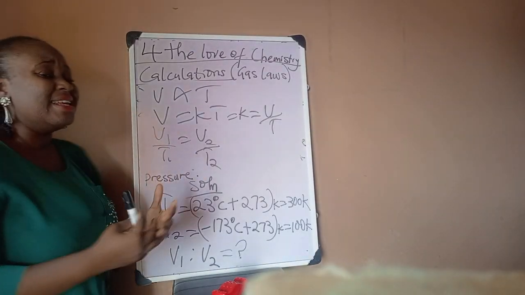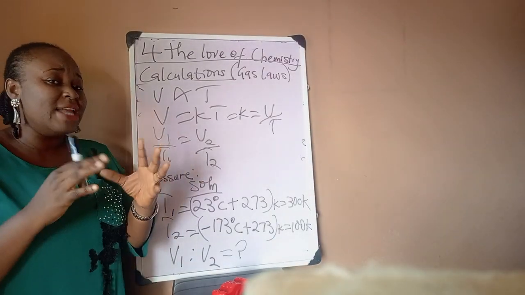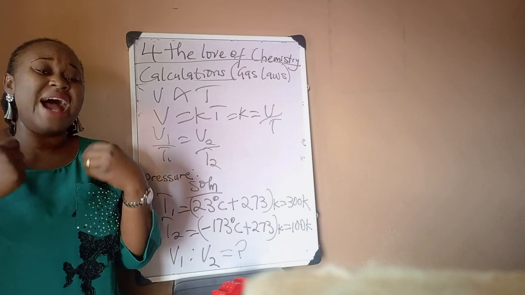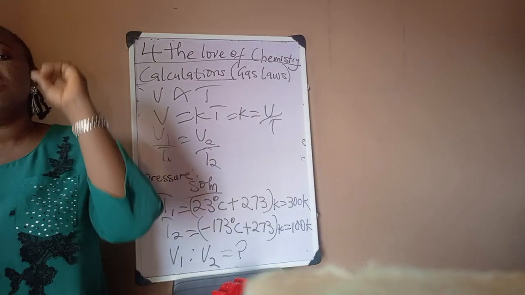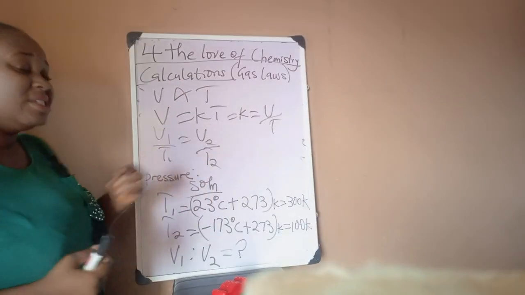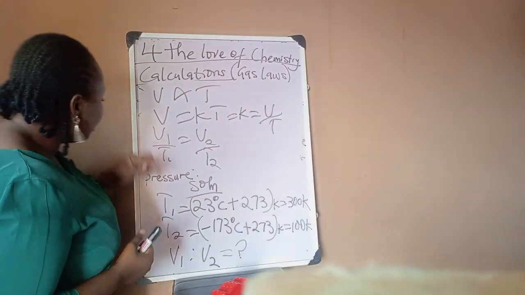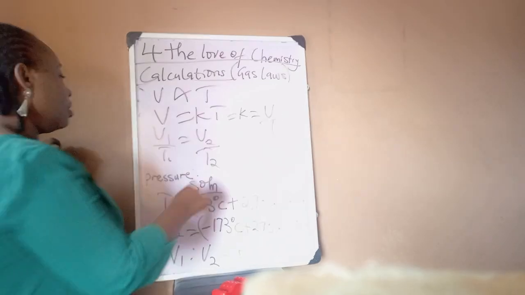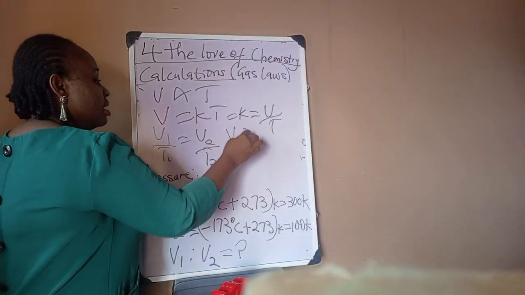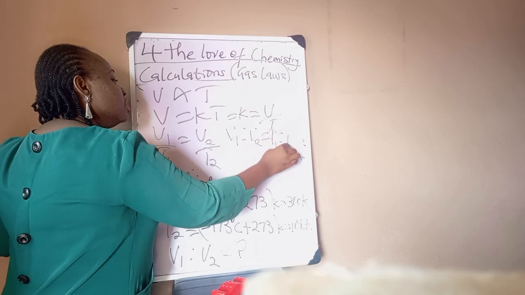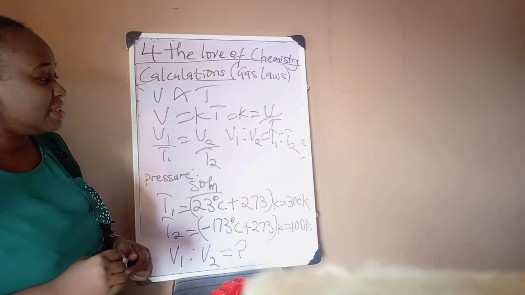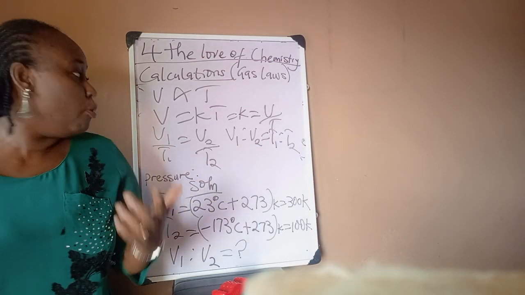And if you understand the gas law very well, you will know that temperature and volume are in direct proportion. So if temperature increases, the volume increases. If temperature decreases, the volume decreases. Which means that V1 is to V2 will be equal to T1 is to T2, because it is a direct proportion.